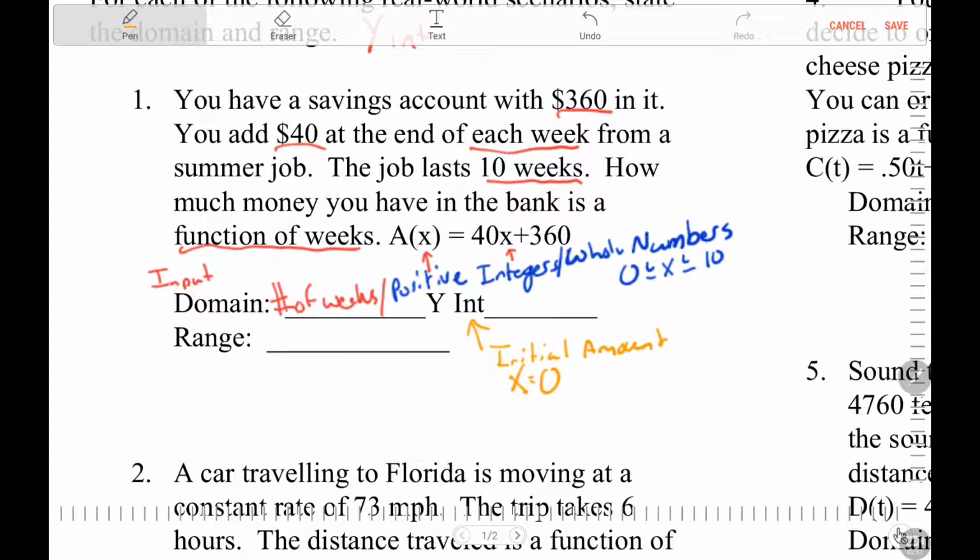So if we did a of 0, 40 times 0 plus 360, you would get just 360. It's typically going to be that, unless the function is set up differently. So your initial amount is $360.